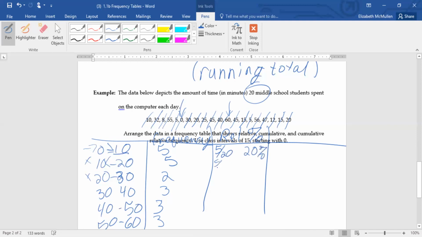Again, 5 out of 20 equals 0.20, so that equals 20%. All right, 3 out of 20 is 15%, 2 out of 20 is 10%, 15%, 15%.